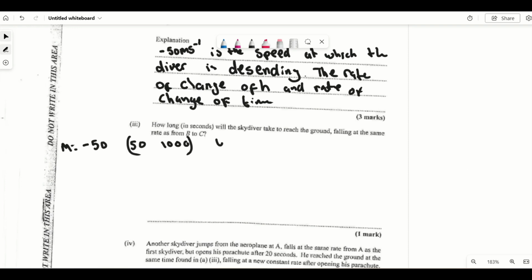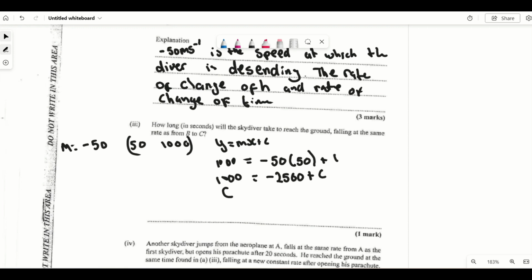And we're going to put it in the form y equals mx plus c. So first off, 1,000 is equal to minus 50 times 50 plus c. So that's 1,000 equals negative 5 fives are 25, and you add 2 zeros, plus c.